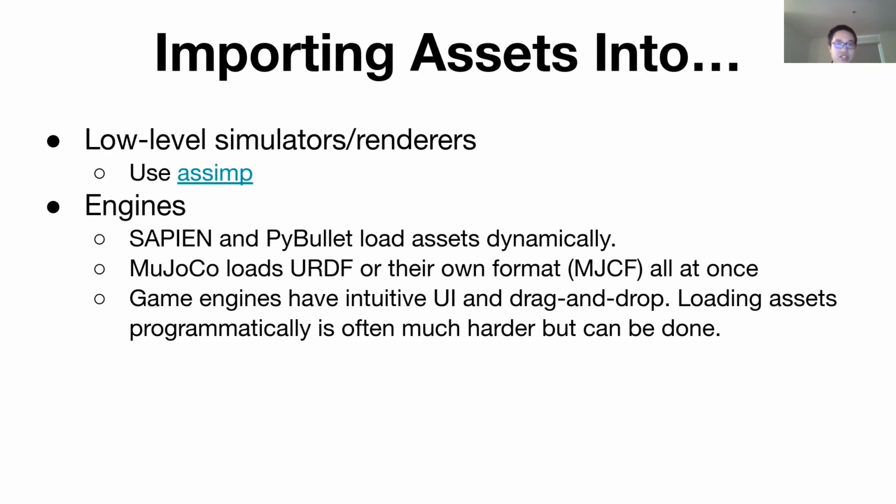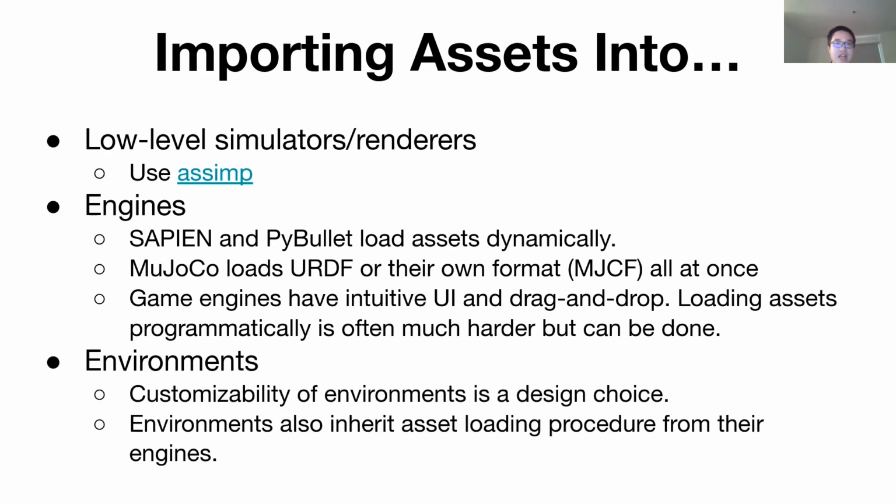Game engines such as Unity have an excellent editor with GUI for importing assets, but loading assets programmatically may be a lot harder. If we're trying to customize existing environments with new assets, you should check whether the environment is designed to support such operations.